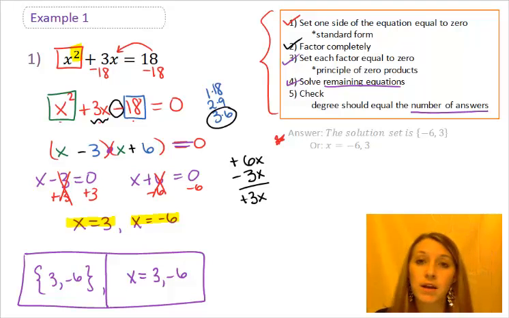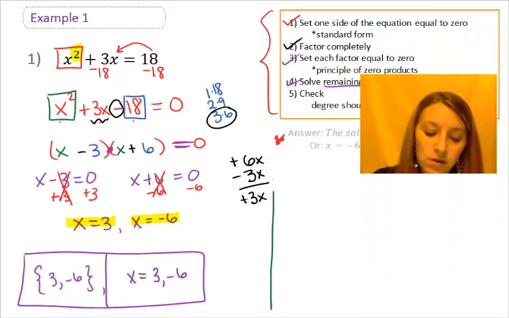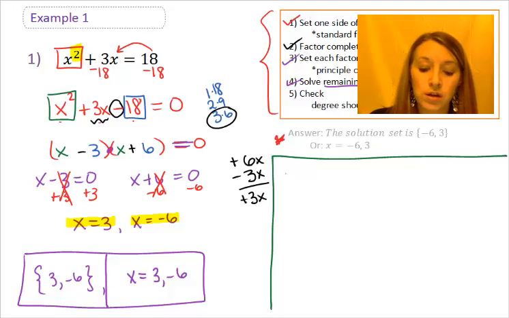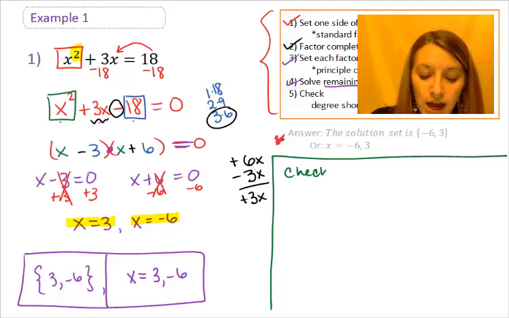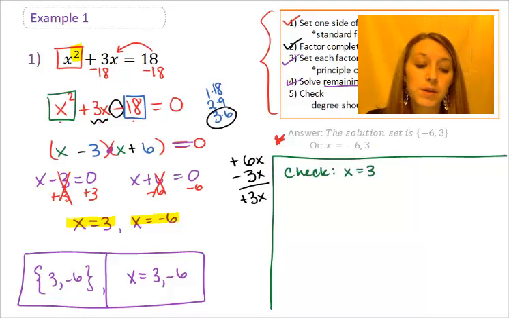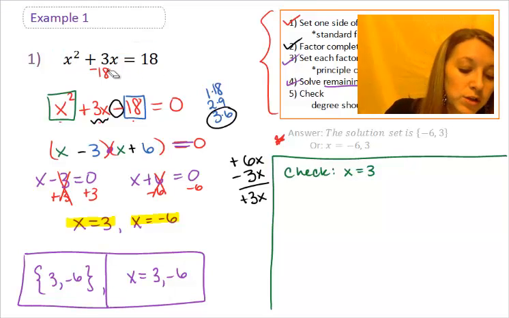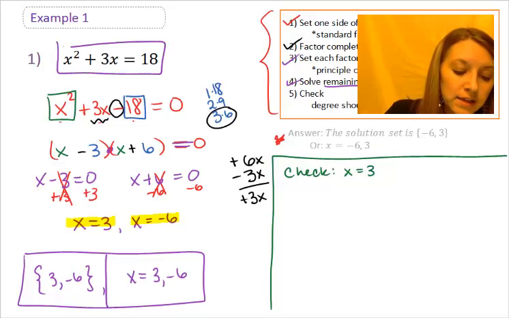Since I have the right number of answers, let me now check, do my answers themselves work out the way that they should? So let me first check x equal to 3. This means I'm going to plug 3 back into my original equation for all of those x's.